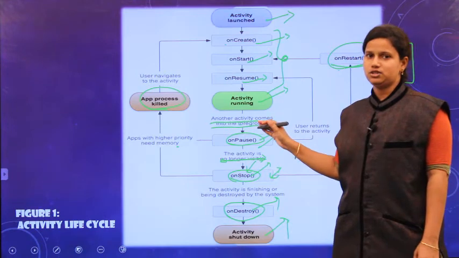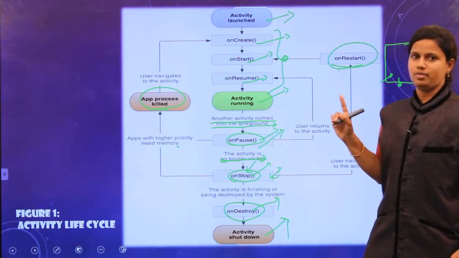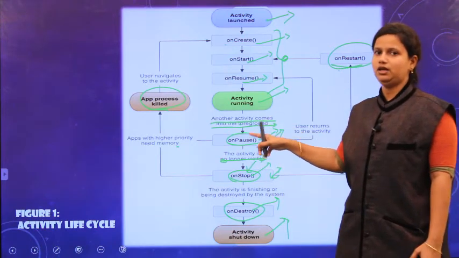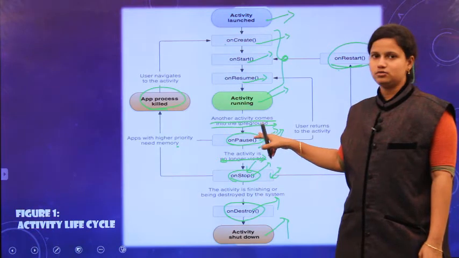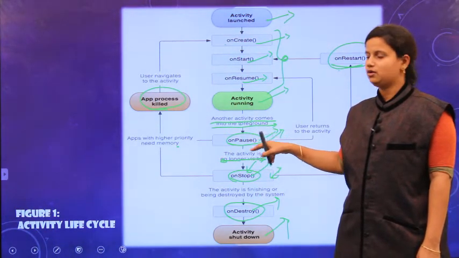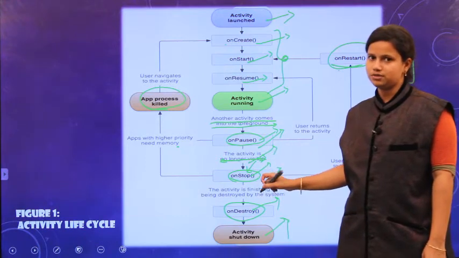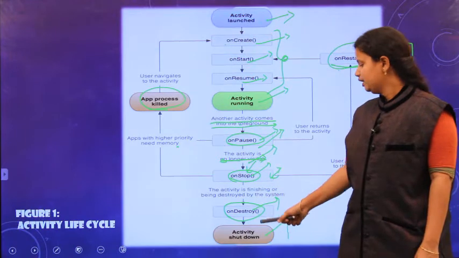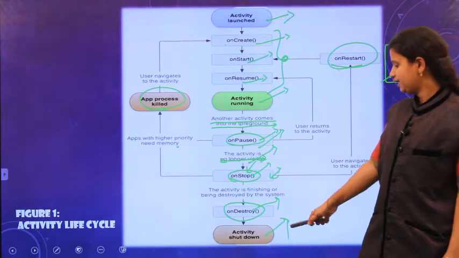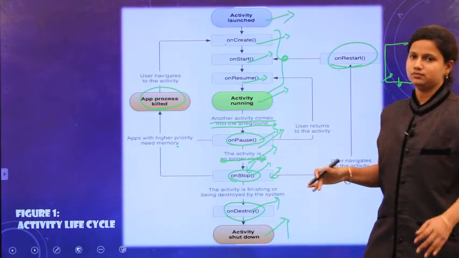If you are using another activity, the first activity will be in a pause state. If the usage is only for a few moments, it does not call the onStop method. If it is a longer amount of time, it will call the onStop method, and onDestroy will be called, and then the activity will be shut down. That means it will be closed.